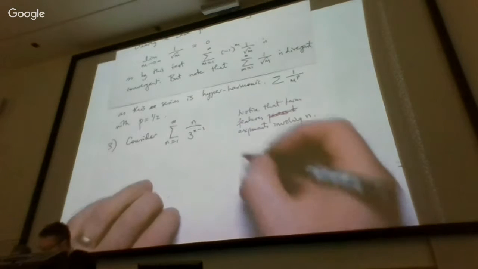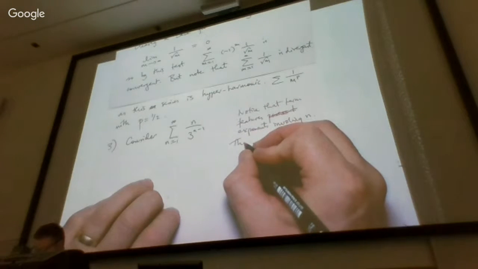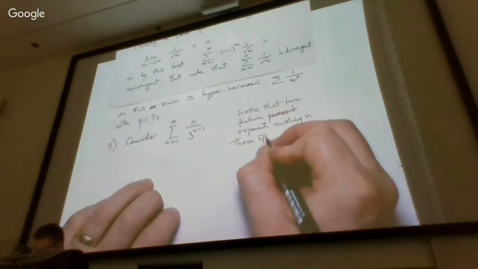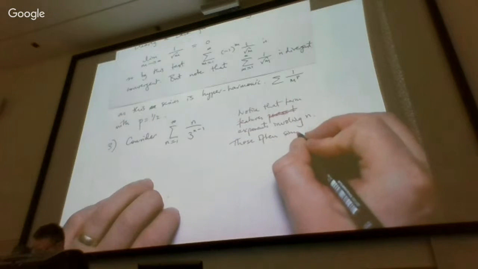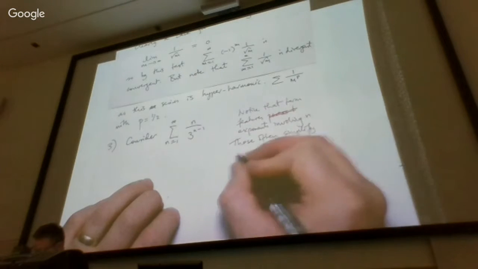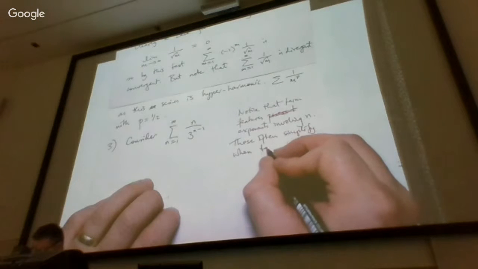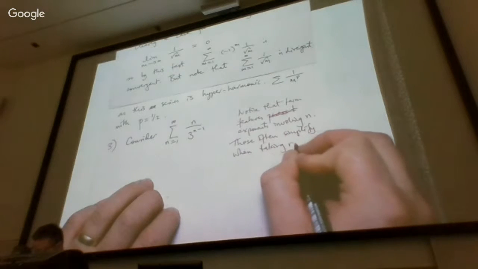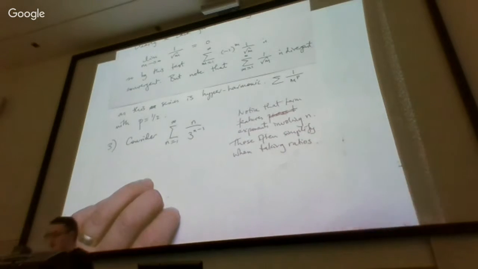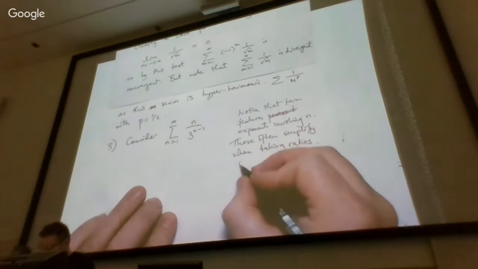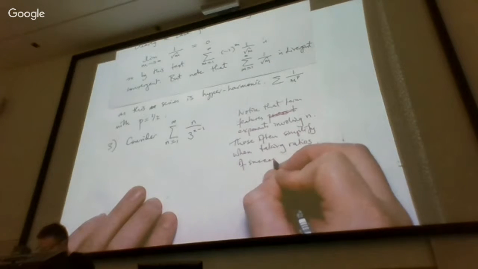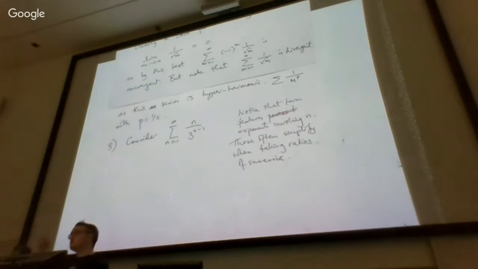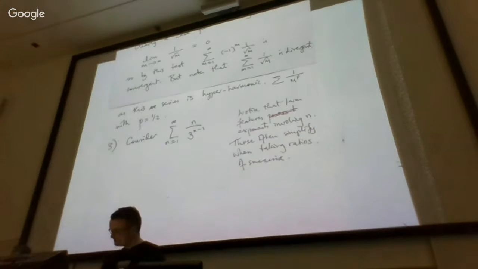And these often simplify when taking ratios of successive terms. Successive terms just means one term divided by the one that came before it, or the one that came afterwards.